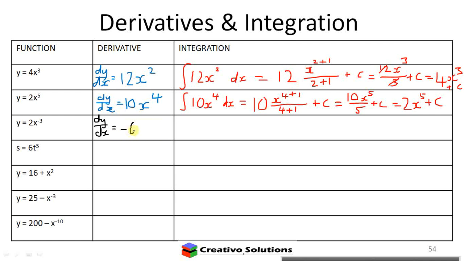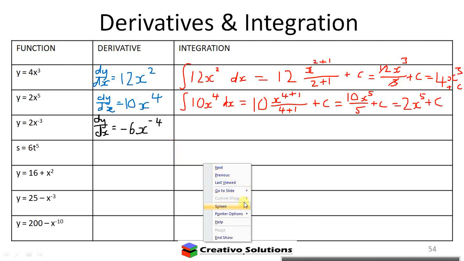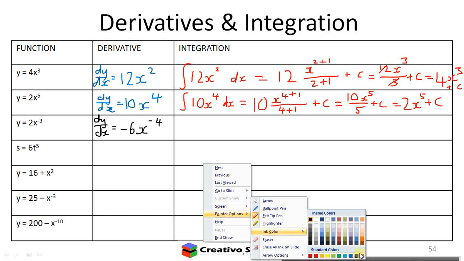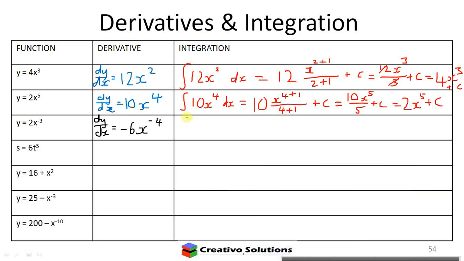Yes. Minus 3 minus 1 is? Minus 4. Yeah. Okay. Right, so then next step. Minus 6x to the minus 4. Yeah, so integrate minus 6x to the minus 4.